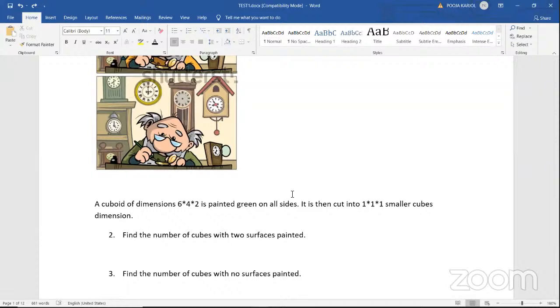The logo question, the cuboid question. Count the number of surfaces. I made it purposely so that we have repeated those. Then the unique figure, with the colors. Logo also.